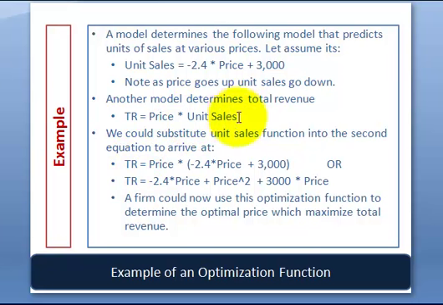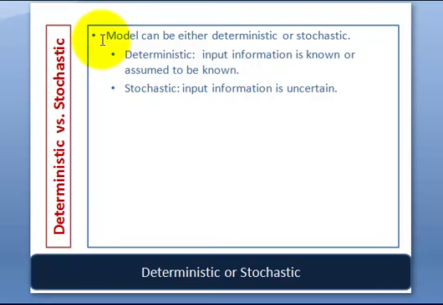We could substitute in for unit sales and come up with total revenue equals price times negative 0.25 times price plus 3,000. Then, remembering the old math, we could distribute, and we would get this function. Then we could optimize that function and the model would determine the right answer for us.